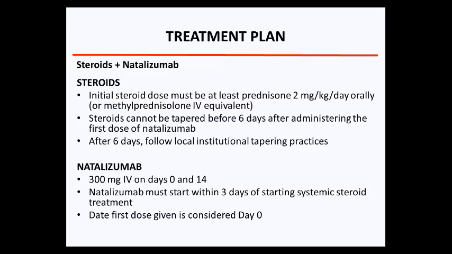I think we should probably change that slide so it says follow the proposed guidelines for tapering or institutional practice. Okay, because we actually specify the protocol. True. Natalizumab is given day 0, day 14. Natalizumab must start within 3 days of starting the steroids, and the date the first dose is given is considered day 0.